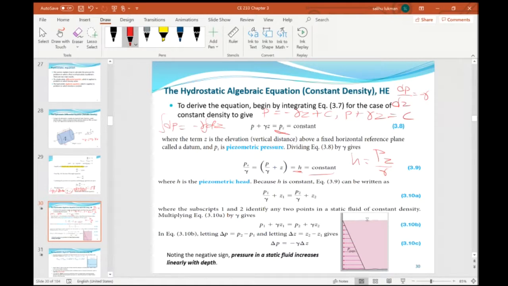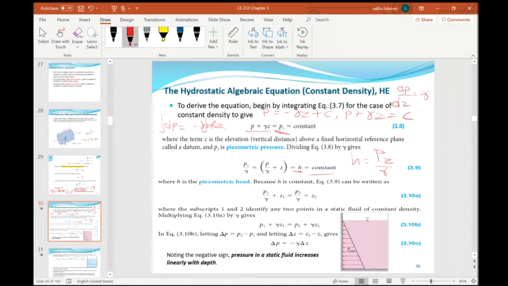Now multiplying by gamma, we go back to the previous equation. We can also express it as P1 plus gamma Z1 equal P2 plus gamma Z2.